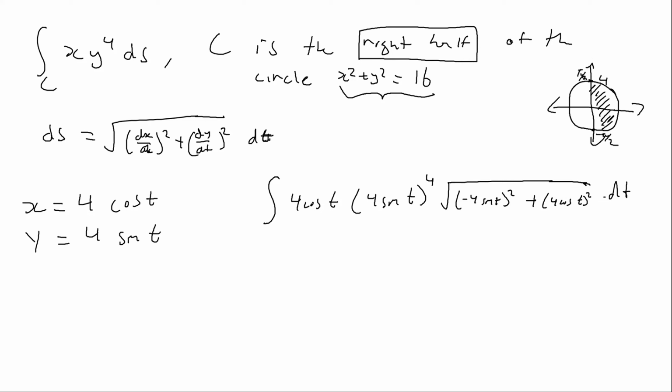So my bounds are going to be from negative pi over 2 up until pi over 2.